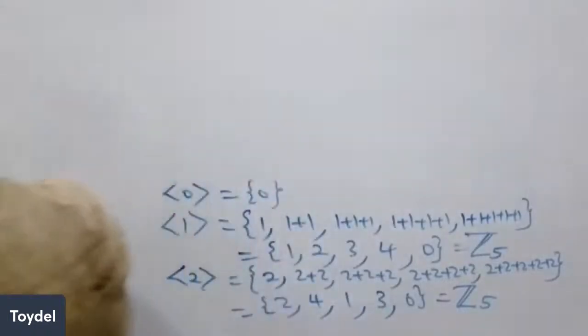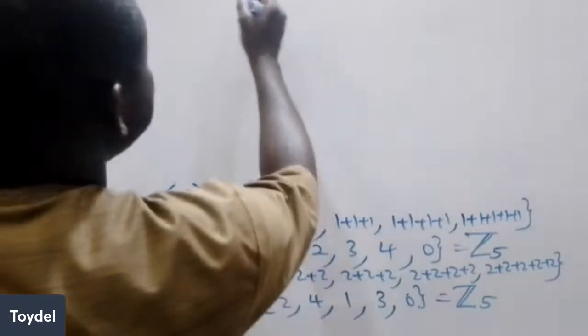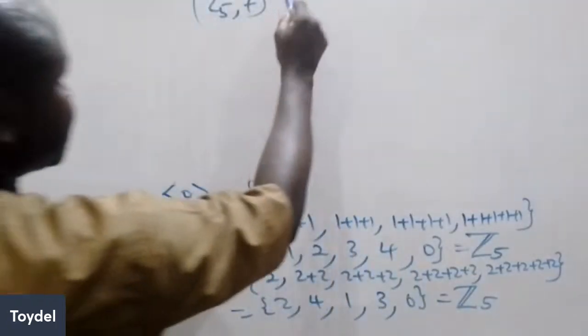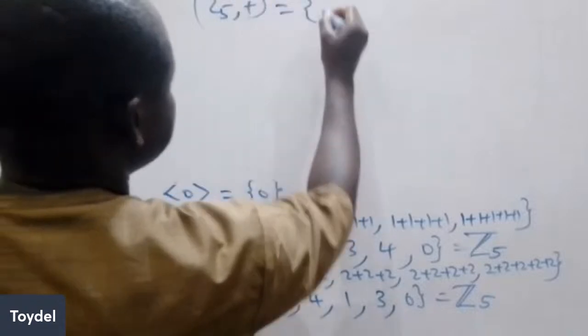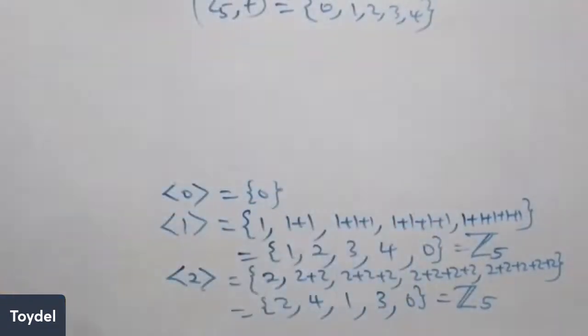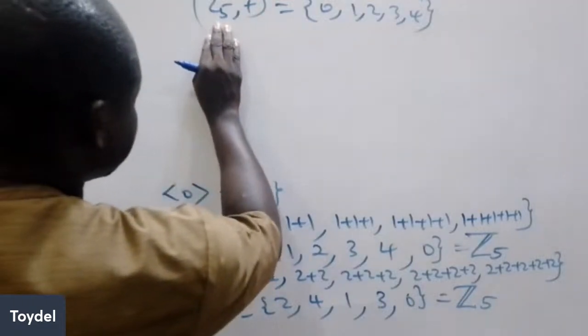There are so many properties that they have, and so many theorems that guide those properties. So when we pick Z5 under addition, these are the elements that you get: if we start from 0, 1, 2, 3, 4, these are the elements you are going to get. It cannot exceed that. This is being specific.